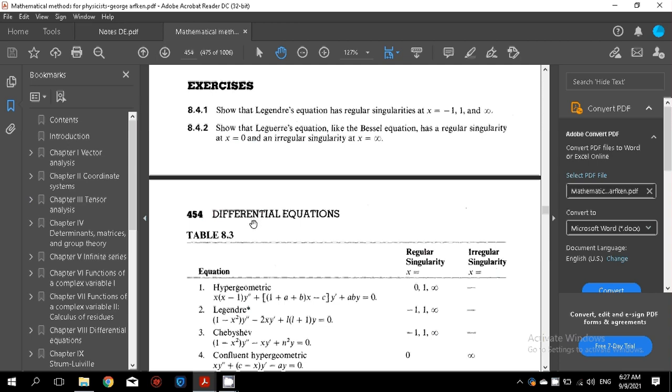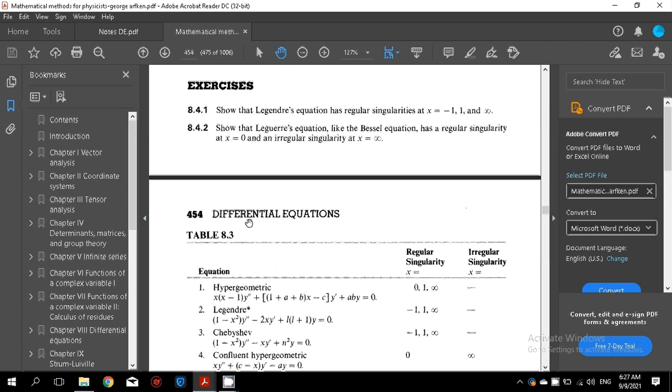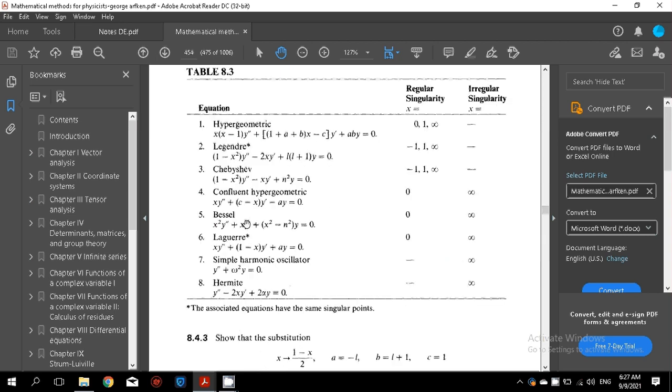from the book by Arfken, 3rd edition, and you must also look carefully at table 8.3 at page 454 so that you can recognize the regular singularities and the irregular singularities of these 8 equations.